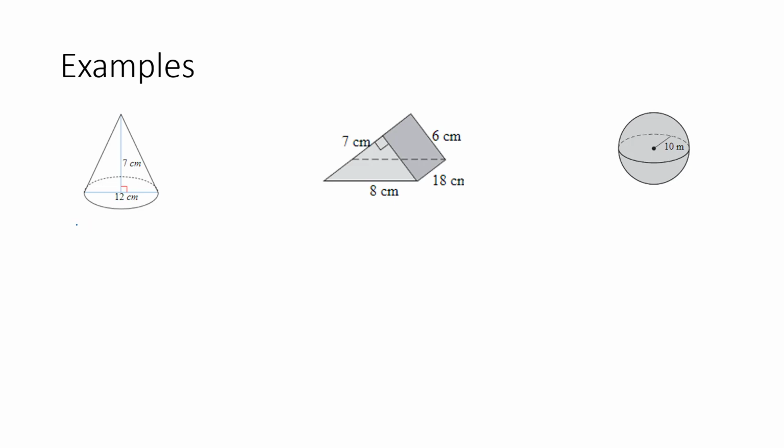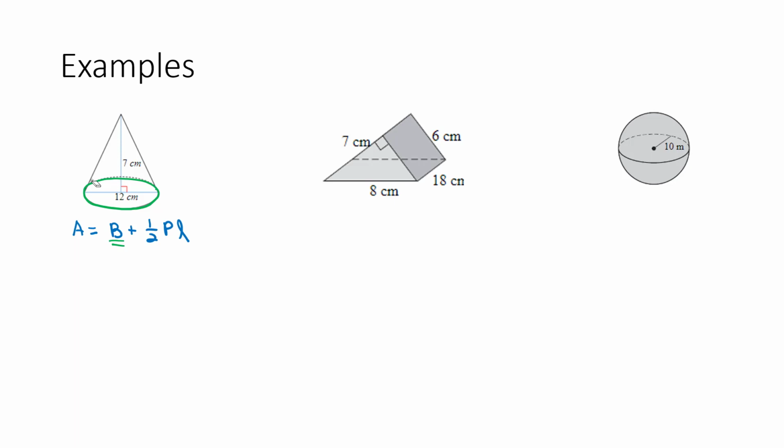The surface area of a cone is equal to the area of the base plus 1/2 times the perimeter of the base times the slant height. We might have to work a bit to get those pieces, but we can do that. First, the area of the base. The base is a circle. 12 is the diameter, but the radius is 6.